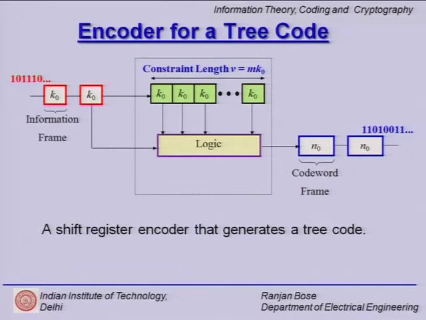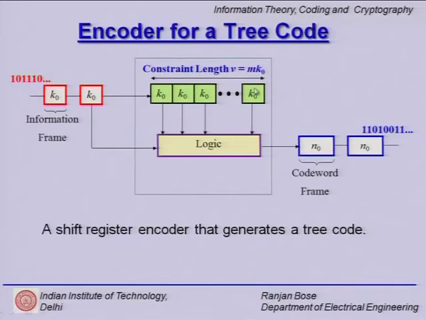Now, if you look at the shift register here, you will note that there are a certain number of information frames that can be stored in this shift register. And let us say nu equals m times k naught, where k naught is the size of the information frame. Then the constraint length nu equals m times k naught.